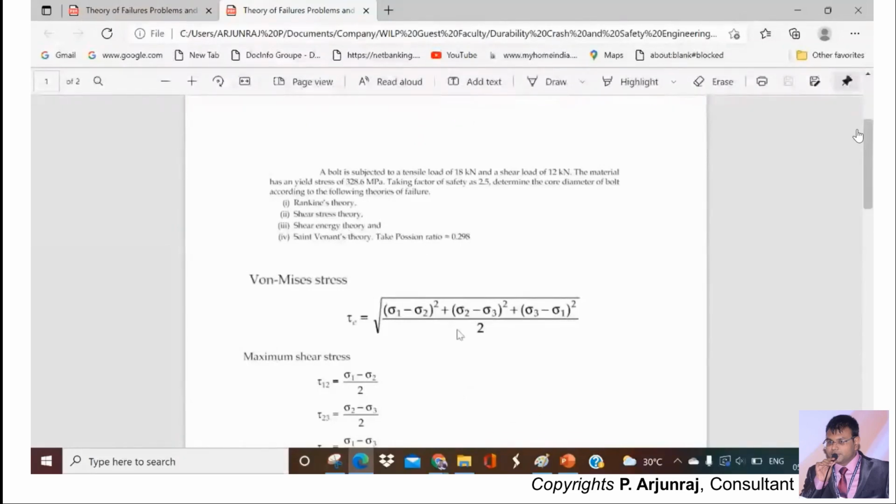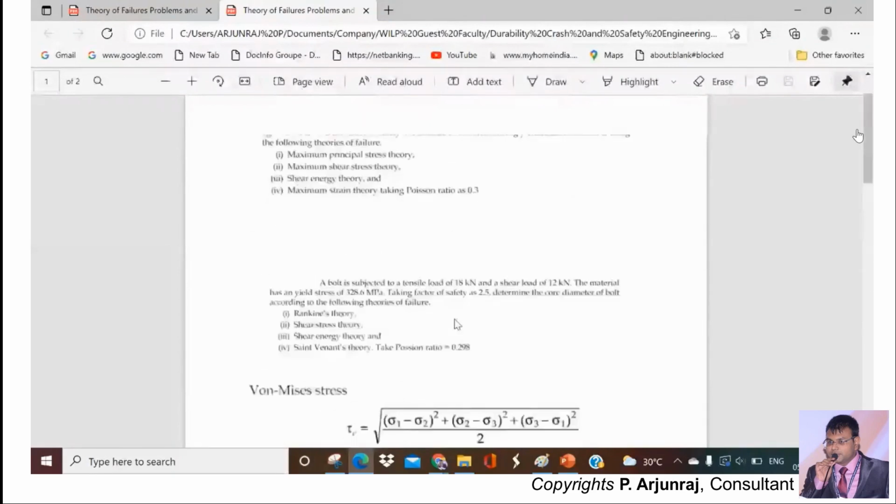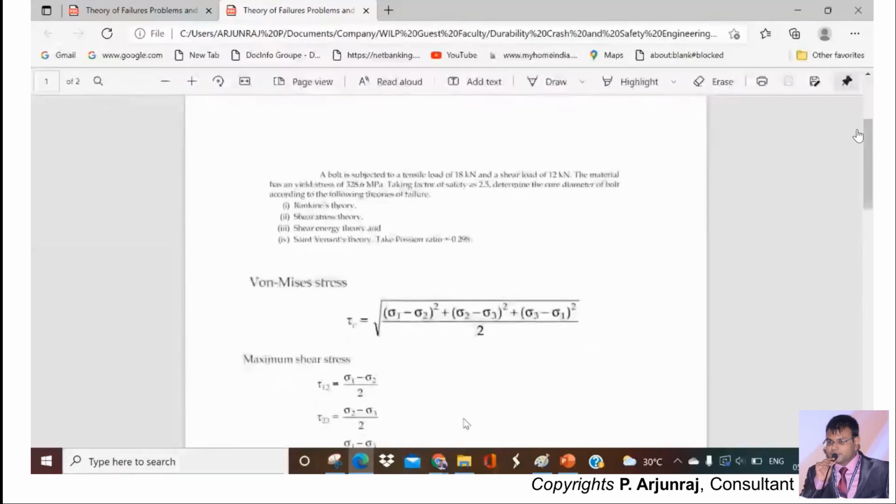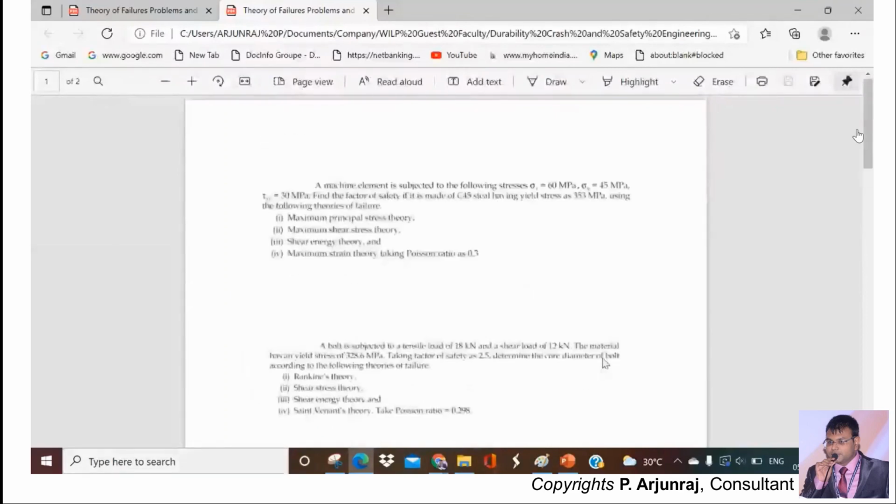Let us solve the three problems I have mentioned. It will be better if you have a calculator during the session. Just a second. Meanwhile, I'll also take the calculator so that we can solve the answers together.